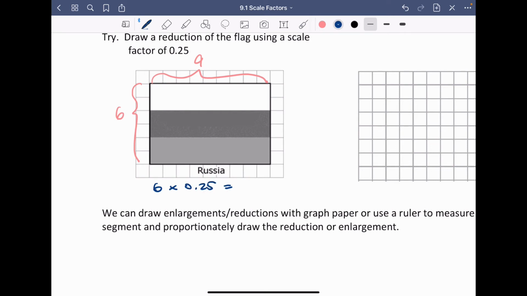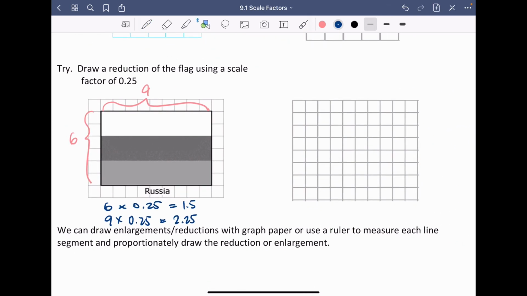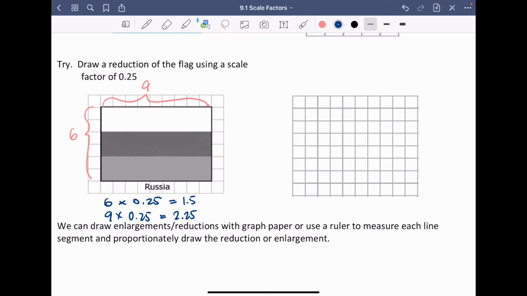So 6 times 0.25 is 1.5, and 9 times 0.25 will be 2.25.